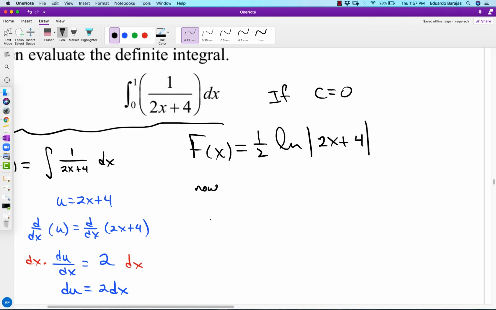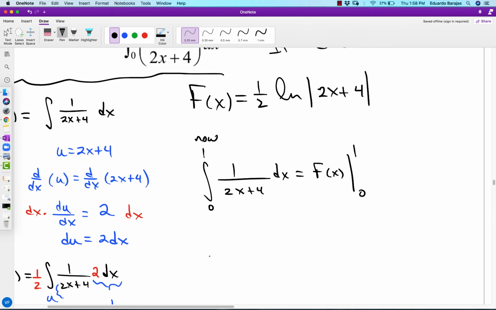Now I know that the integral from 0 to 1 of 1 over 2x plus 4 dx is equal to this integral, which is going to be capital F of x, evaluated from 0 to 1. In other words, this is the same thing as capital F of 1 minus capital F of 0.